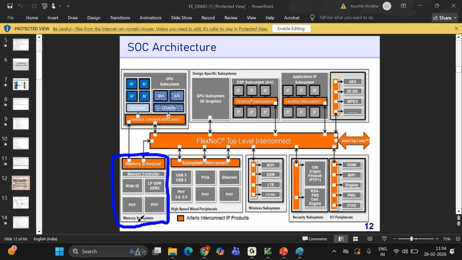What is the subsystem? The memory subsystem. This houses DDR controllers and wide IO controllers. So you might come across subsystem verification, IP level verification, or complete SoC level verification.